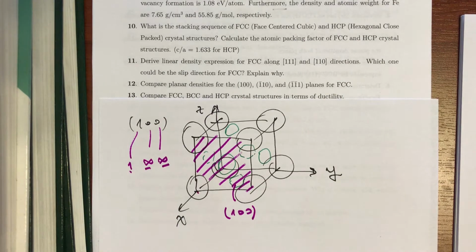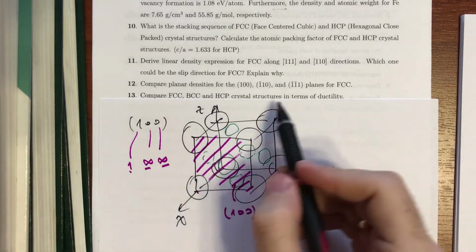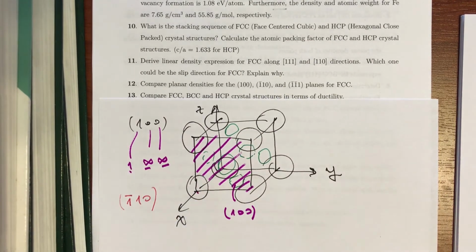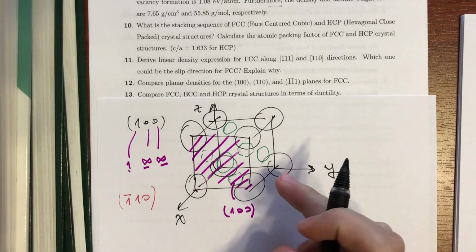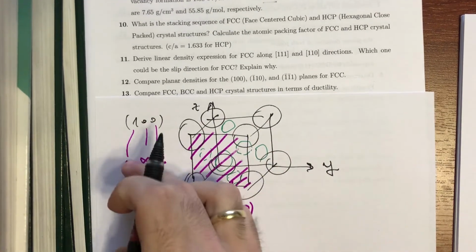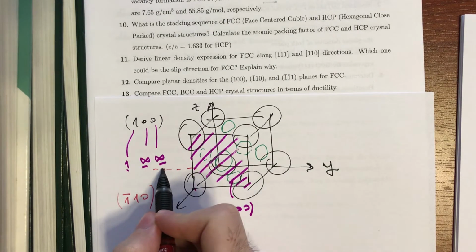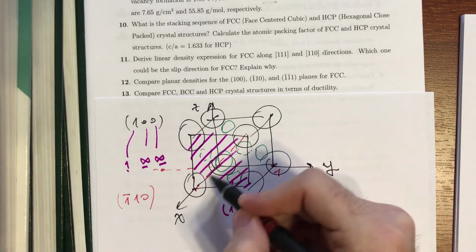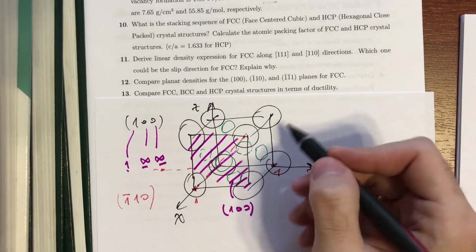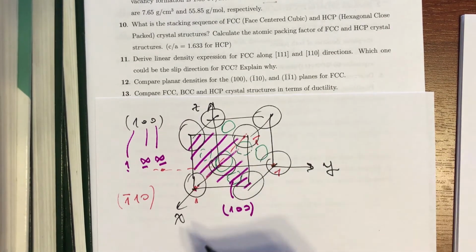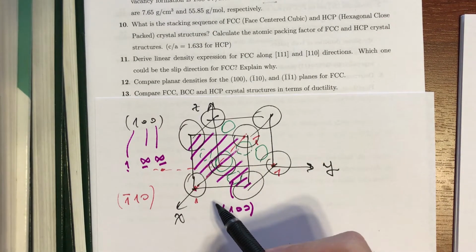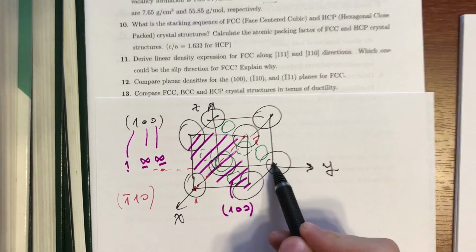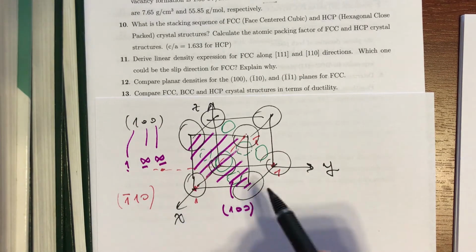Next, what do we have? Minus 1, 1, 0. So minus 1 is 1 edge length behind here. So if this is 1 for x direction, then it's behind the cube, minus 1. It's also going to cut y at 1, and it's going to be parallel to the z-axis.